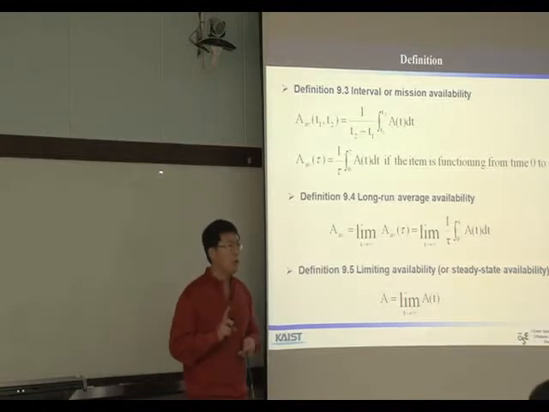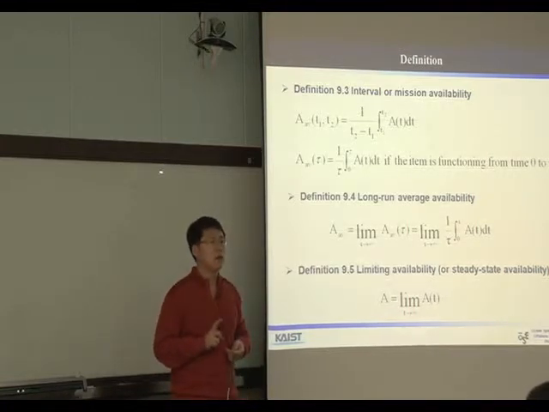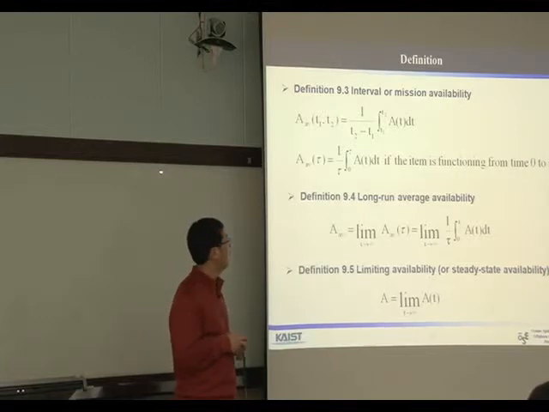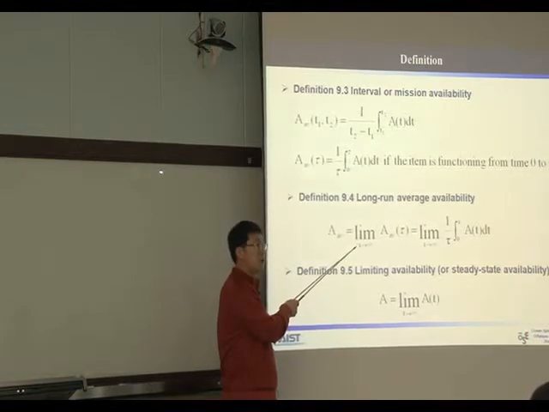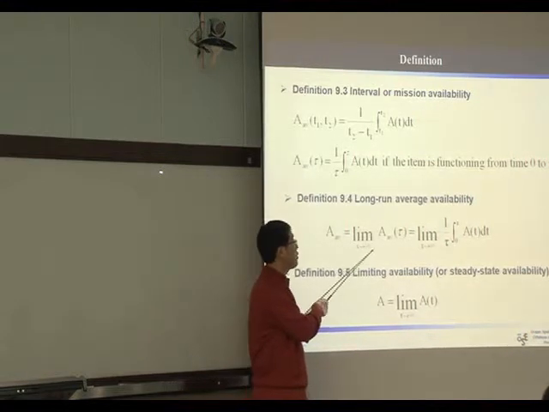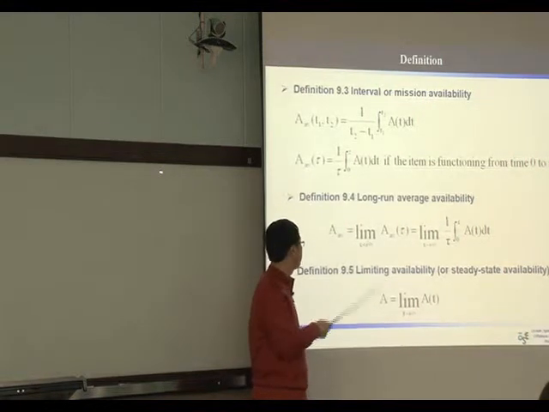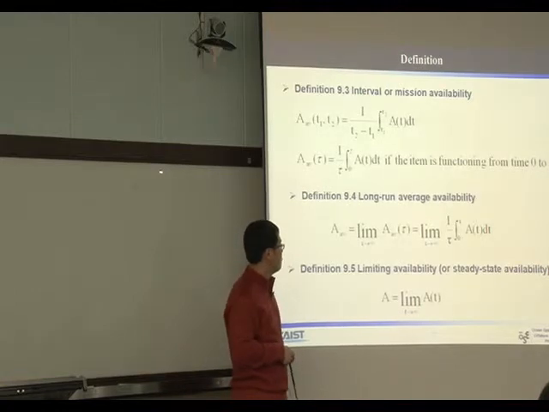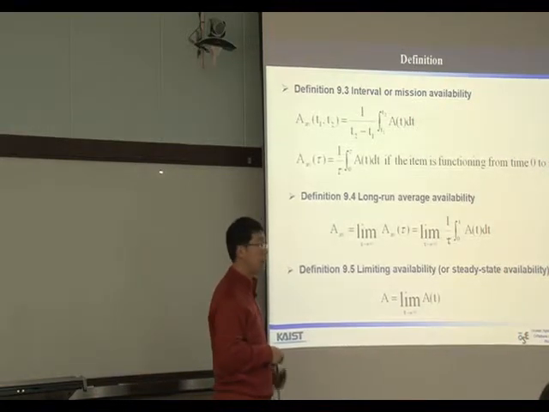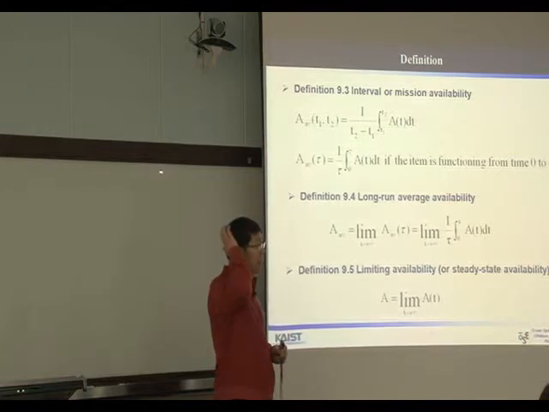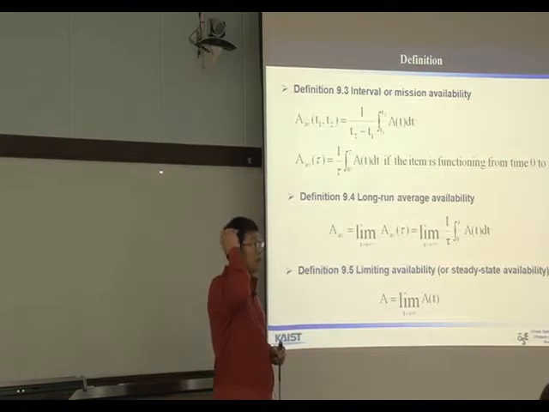Another kind of availability is long run availability. I mean that here the tau goes to infinity. The limiting availability is the availability at a steady state.